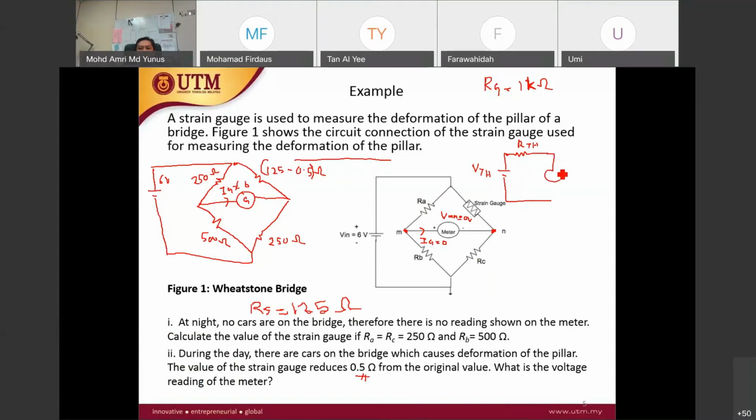And then this is our meter G. So our VG will be RG multiplied by VTH divided by RG plus RTH, the Thevenin equivalent circuit. So we need to find the Thevenin equivalent circuit seen from points M and N.